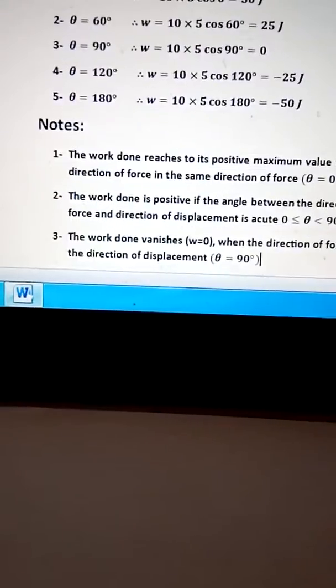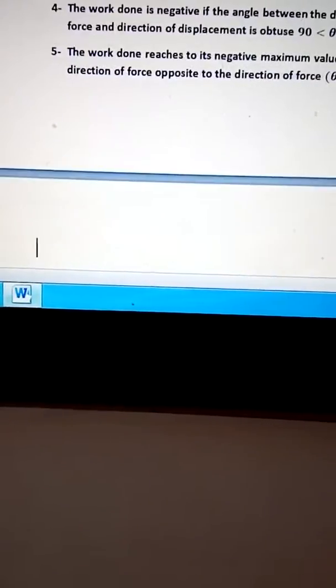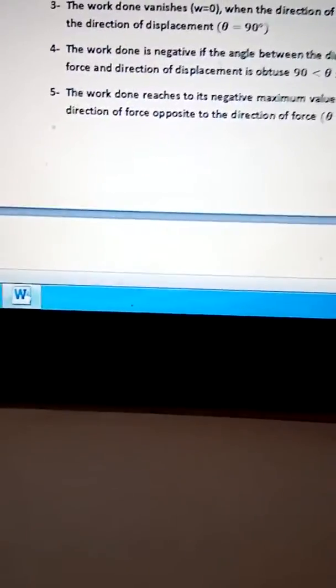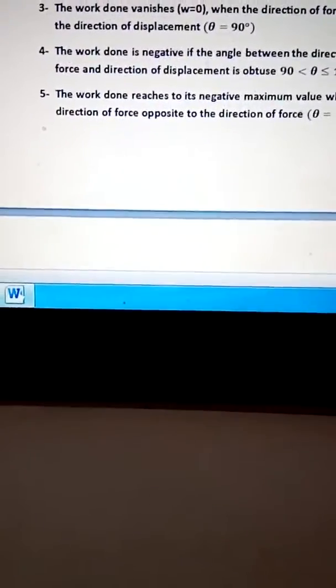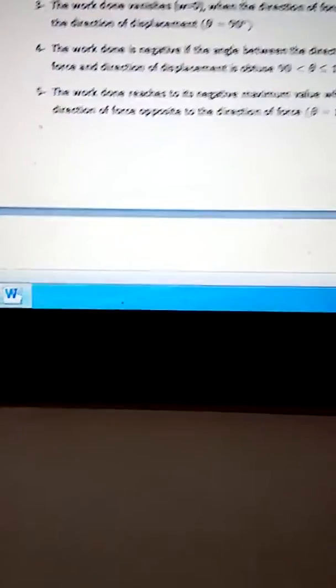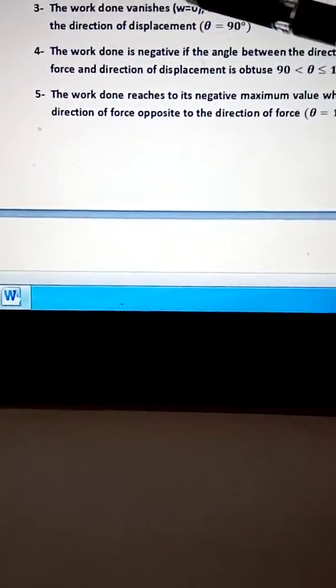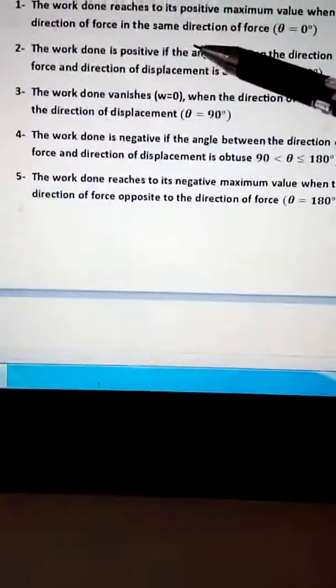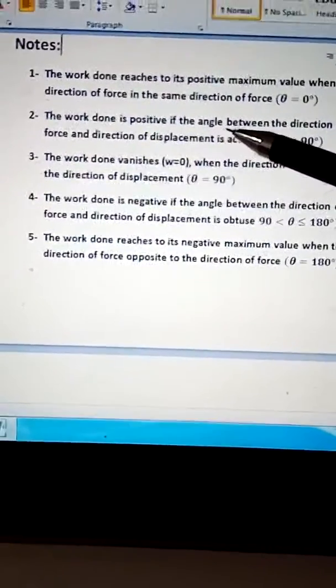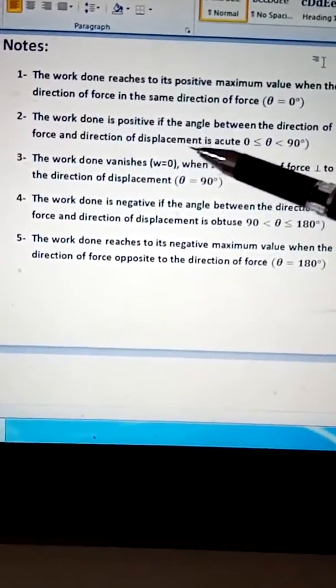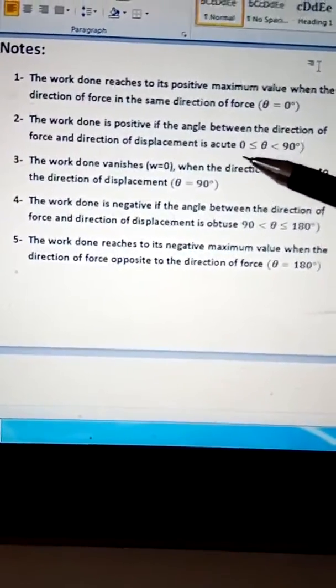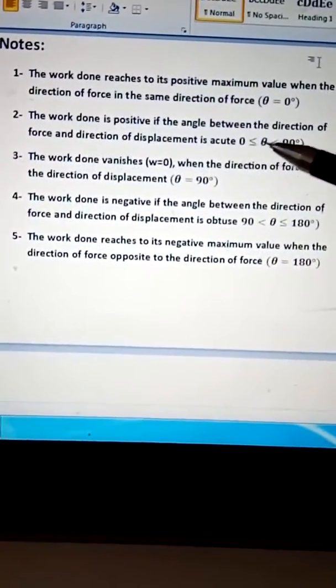Then the notes: work done reaches a positive maximum value when the direction of force is in the same direction as displacement, when angle theta equals 0. Work done is positive if the angle between direction of force and direction of displacement is an acute angle, theta between 0 and 90 degrees.